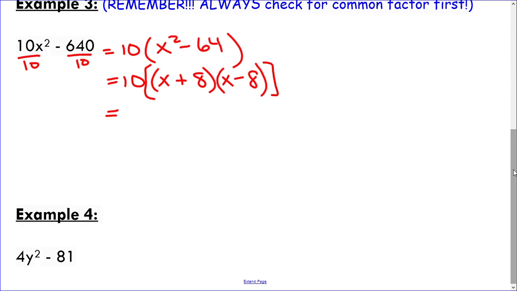And so really at the end here, I don't need the square brackets, but they don't hurt to be there. I'd have x plus 8, x minus 8, and then all that multiplied by 10. And again, I could FOIL out my two binomials, and then multiply that by 10 and see that I'd end up getting back to my same answer that I started with.